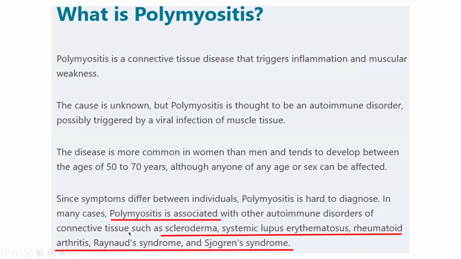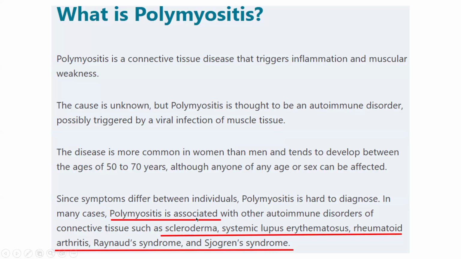And in many cases, polymyositis is associated with other autoimmune diseases. So again, AMC is very fond of associations, right? As we go, we will give you all the associations that AMC talks about. The reason why I say they're fond of association is when they're giving you a question, they will give you one of these background diseases.